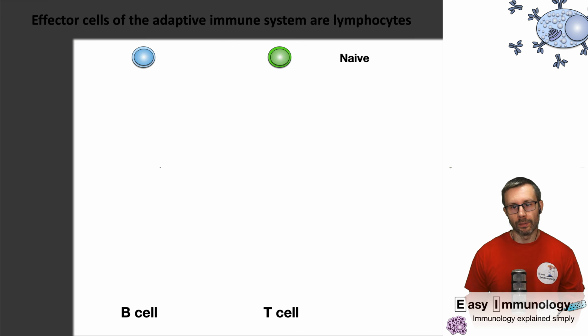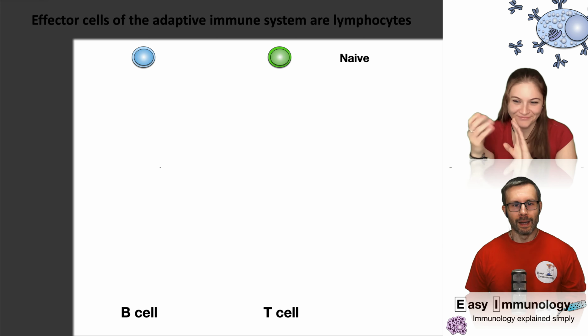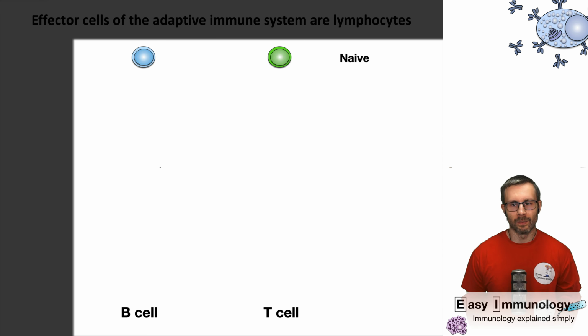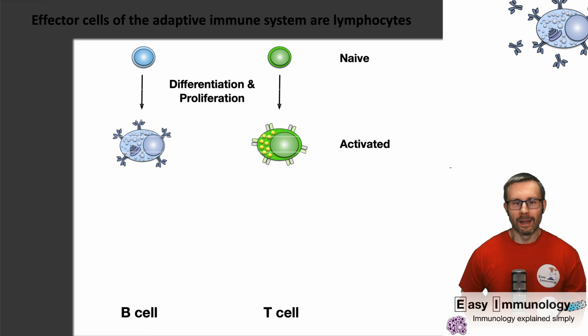You can see here a difference, Alex would say, because one is green and one is blue. But if you just look at them under the microscope, you wouldn't be able to tell a difference because they look very similar. But once they get into contact with a pathogen, they will differentiate and they will proliferate. What does this mean? Differentiate means they turn into something else.